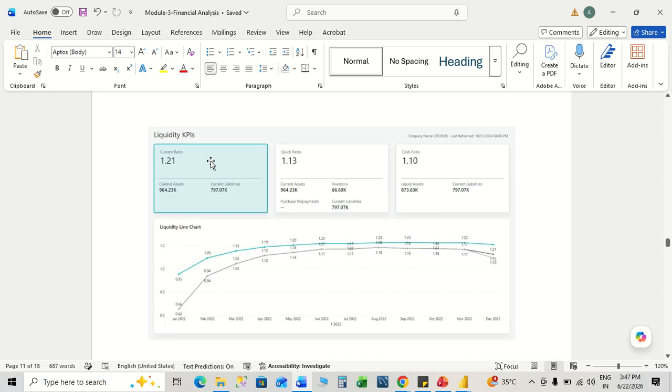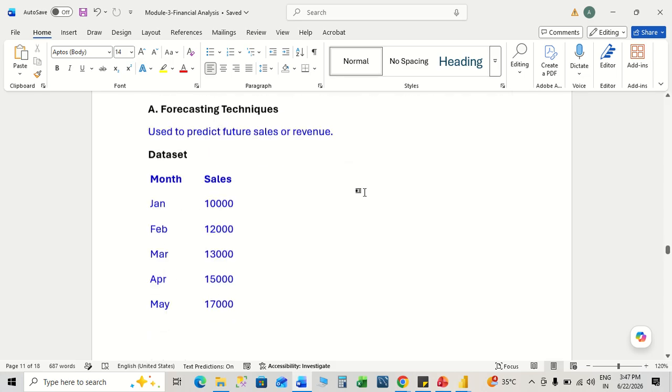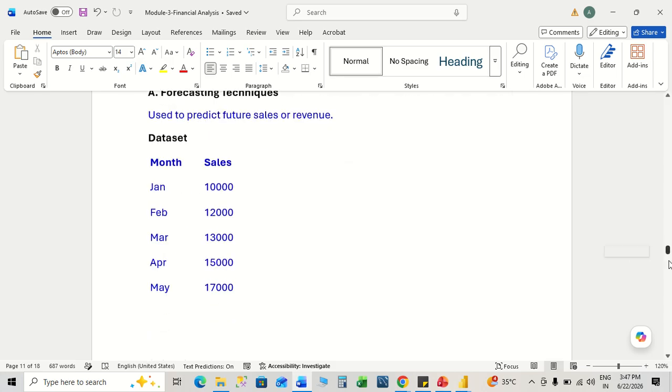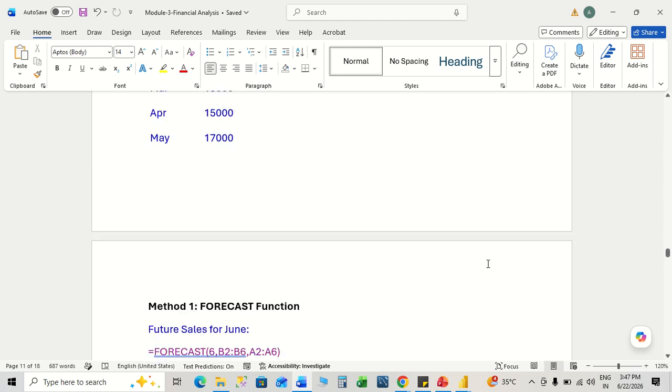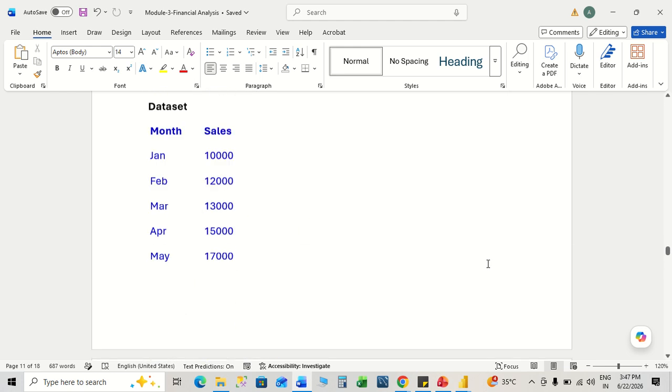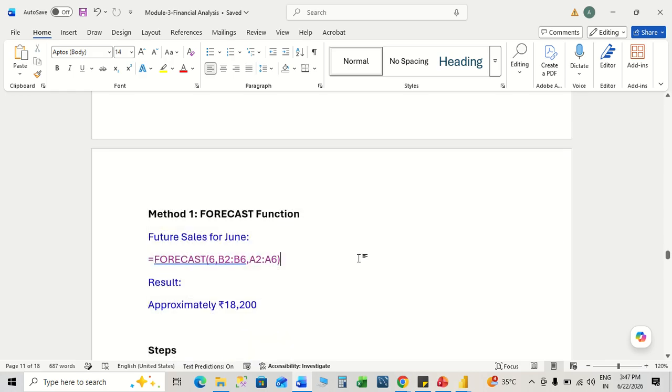Okay, so liquidity KPIs. Then Excel for financial analysis. Let me check one thing. Excel for financial analysis, the forecast function.